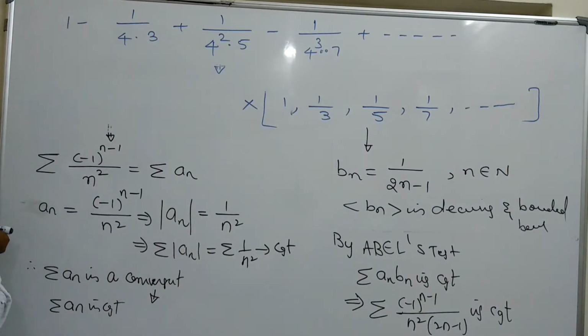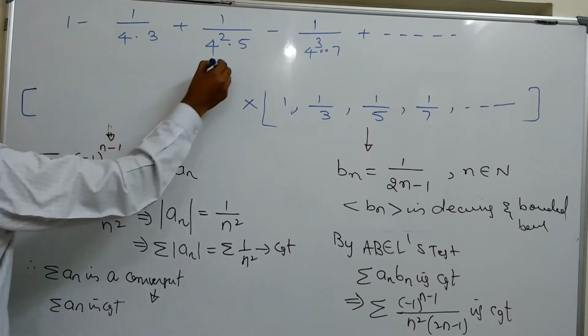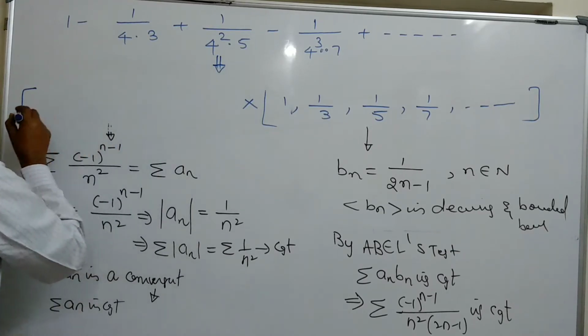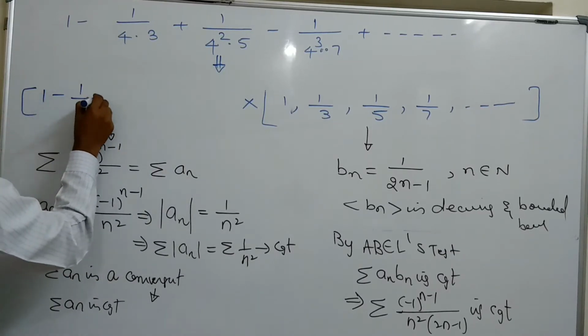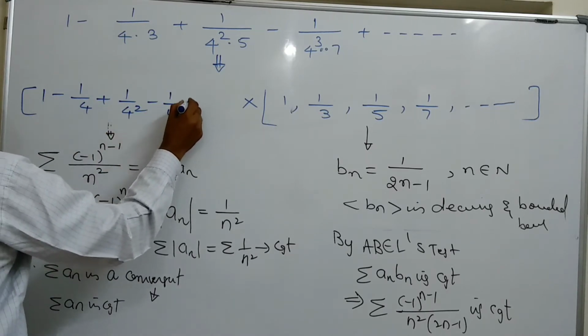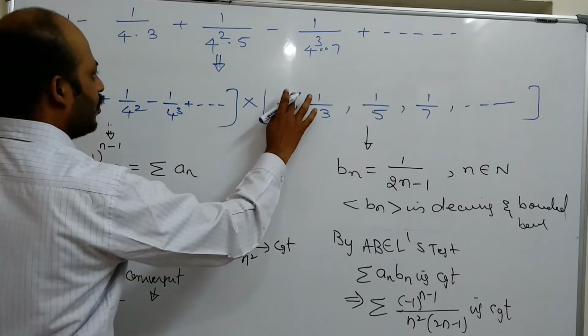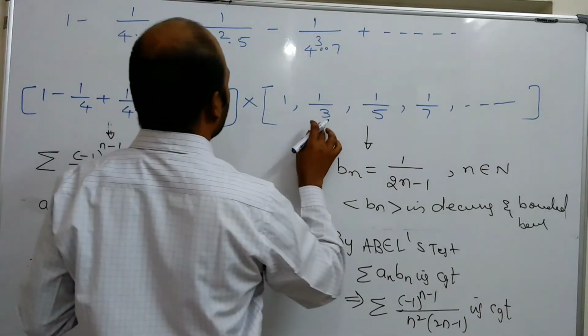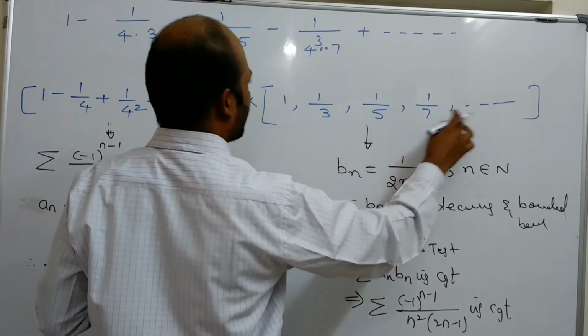The first one is clearly 1 minus 1/4 plus (1/4)^2 minus (1/4)^3 plus and so on, into 1, 1/3, 1/5, 1/7, and so on.